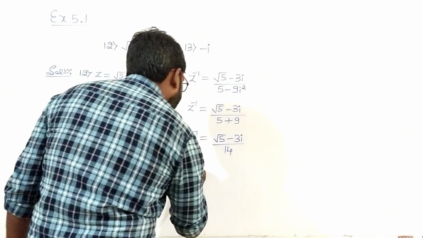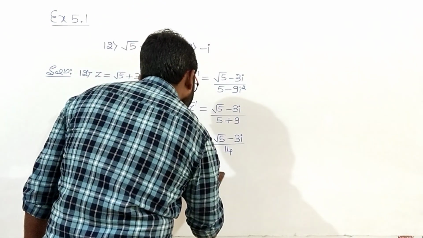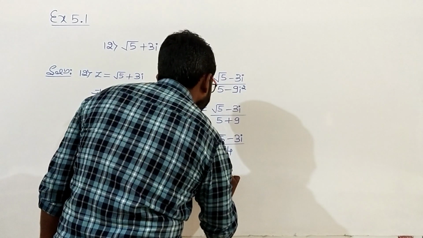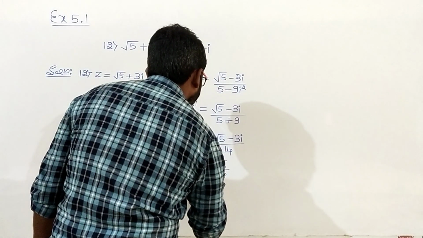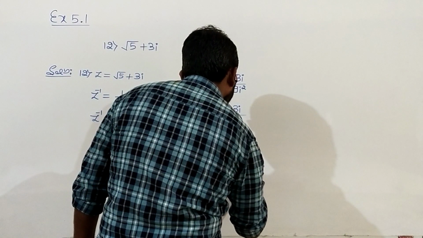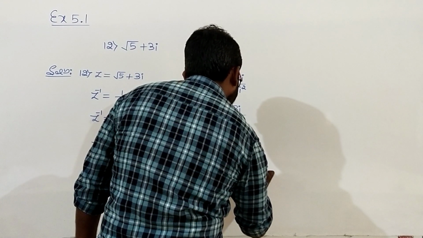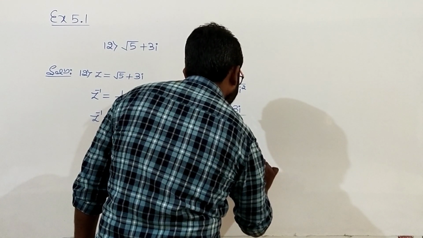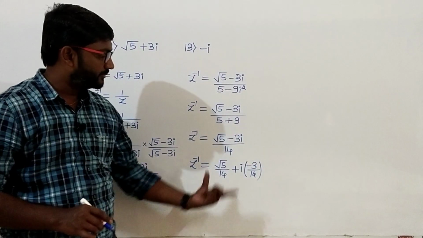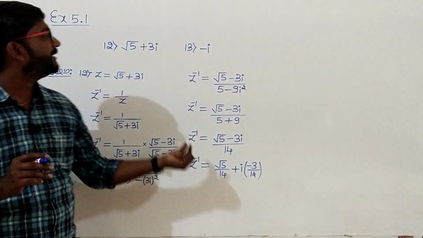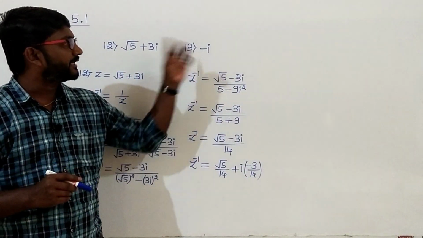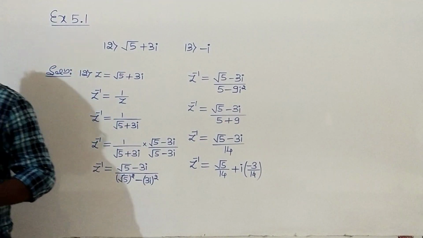Then z inverse is equal to root 5 by 14, then plus i into minus 3 by 14. This is there in the standard form now, a plus ib. So this is the multiplicative inverse of root 5 plus 3i, and we are left with the last one, that is minus i.